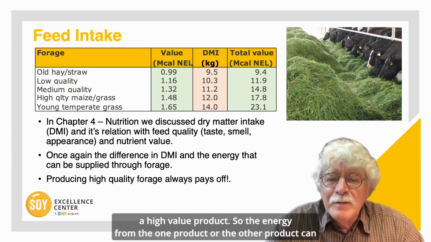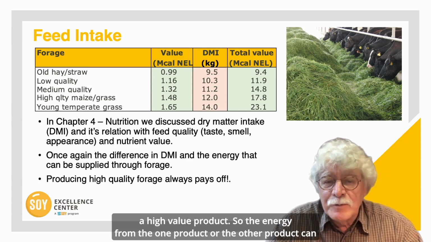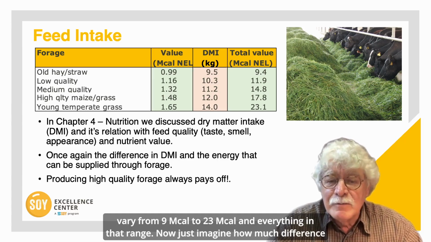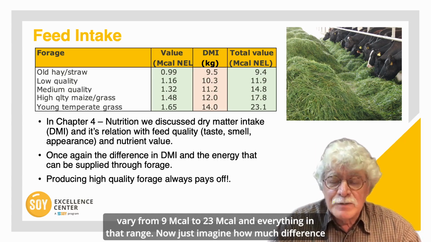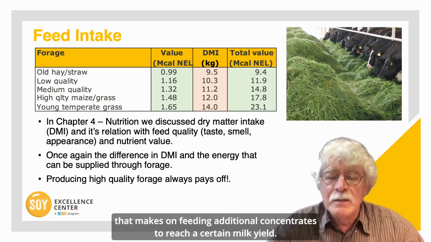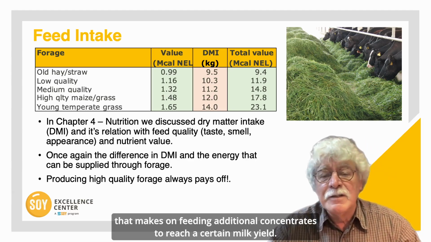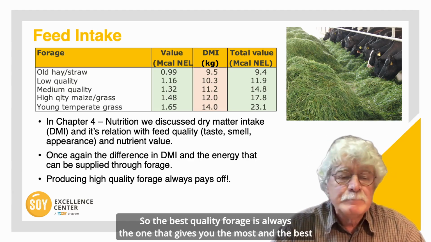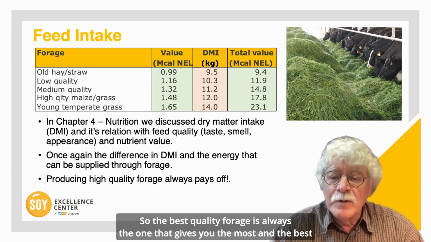So the energy from the one product or the other product can vary from 9 to 23 and everything in that range. Now just imagine how much difference that makes to the need for feeding concentrates in addition to reach a certain milk yield. So the best quality forage is always the one that gives you the most and the best results.